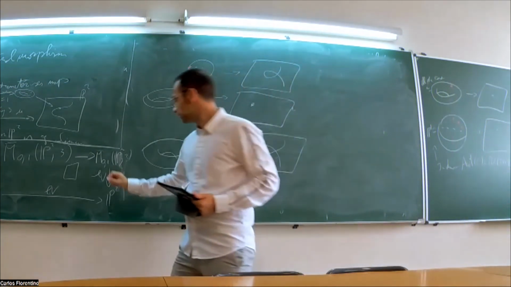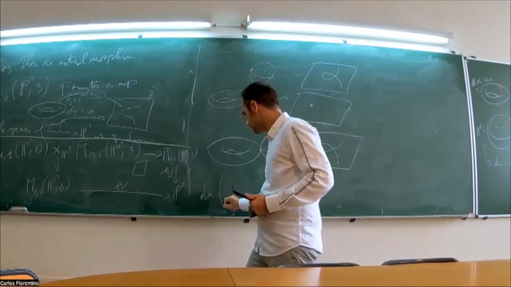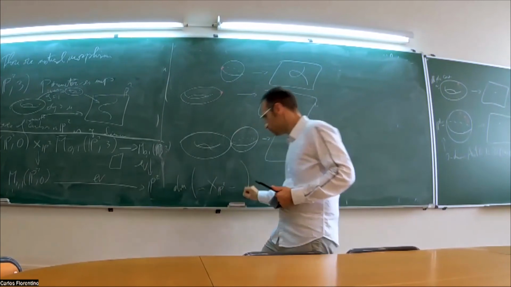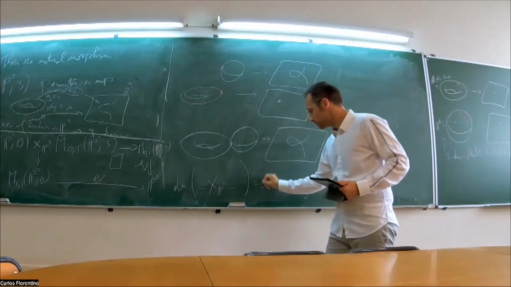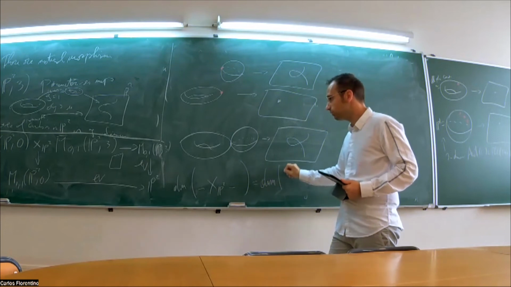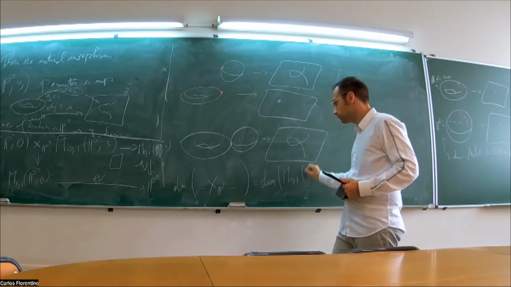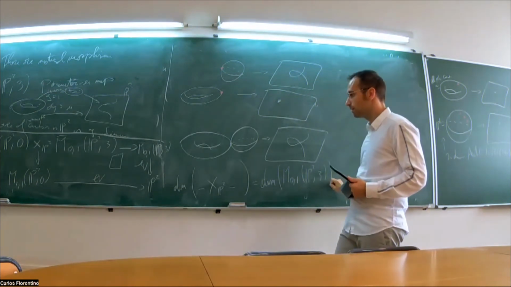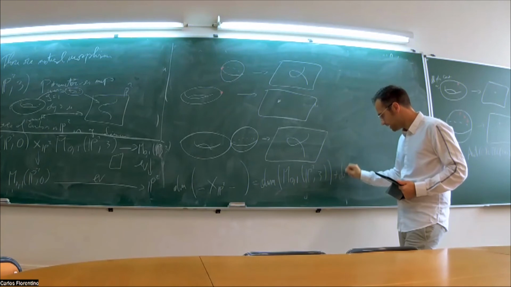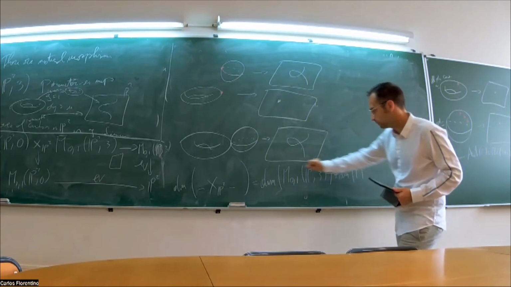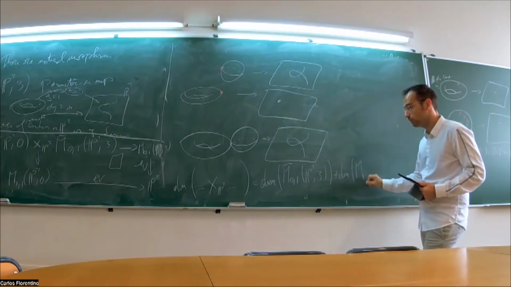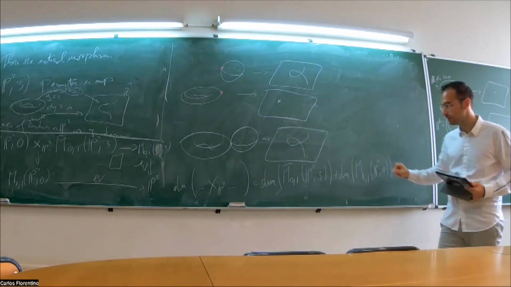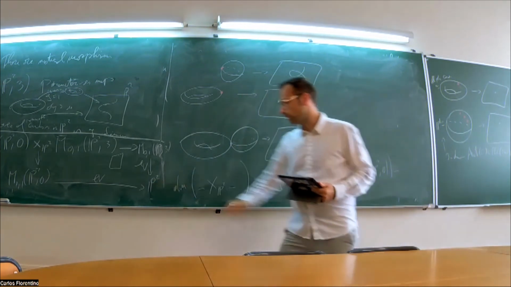It's the dimension of this one, P2, 3, plus the dimension of this one, 1, P2, 0, minus the dimension of this one.